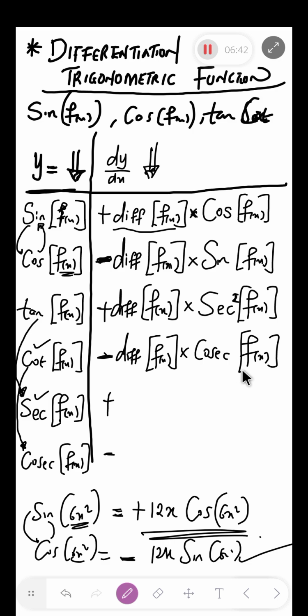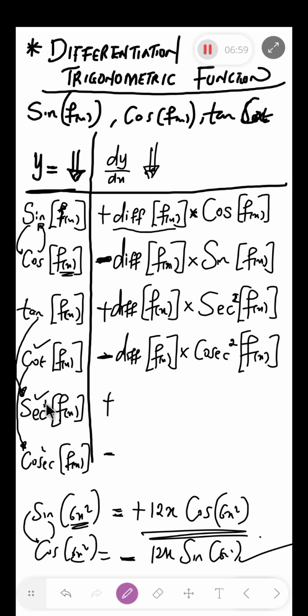You skip position 1, position 2, and put a square here also. For sec f of x, you need to go back to where you are coming from. I think this is coming from tan x.